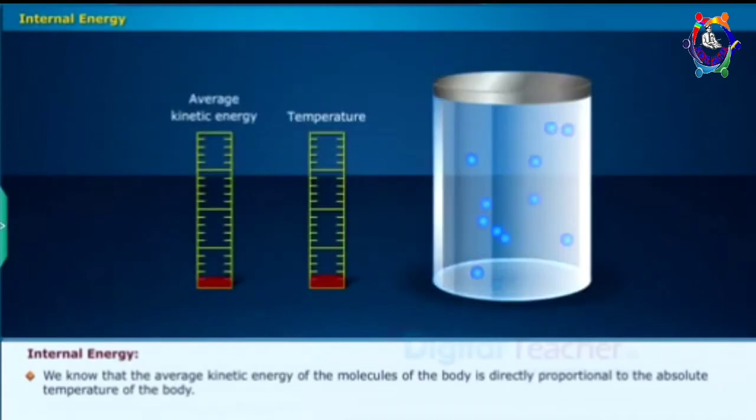We know that the average kinetic energy of the molecules of the body is directly proportional to the absolute temperature of the body.